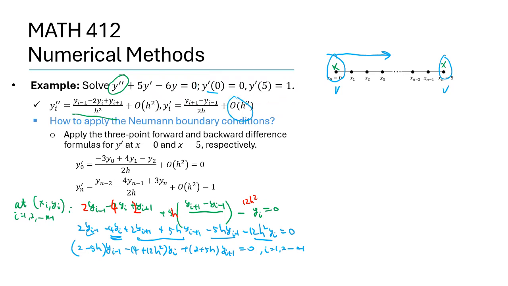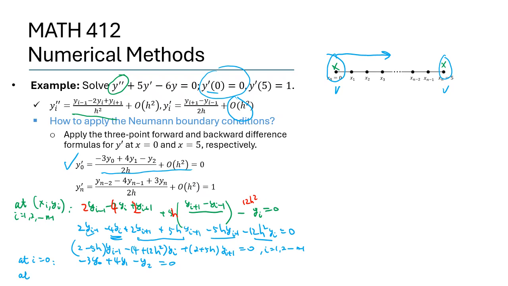At i is 0, we apply the boundary condition y prime at 0 is 0, so the equation simplifies to negative 3 y sub 0 plus 4 y1 minus y2 is 0.